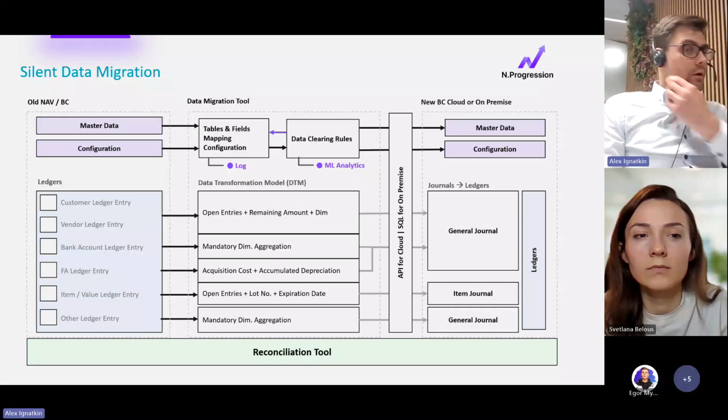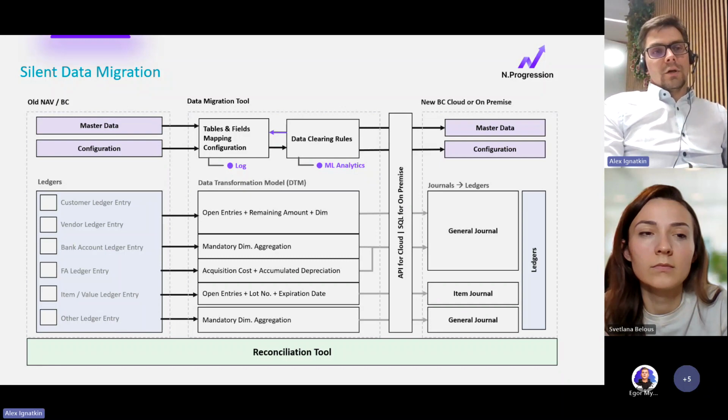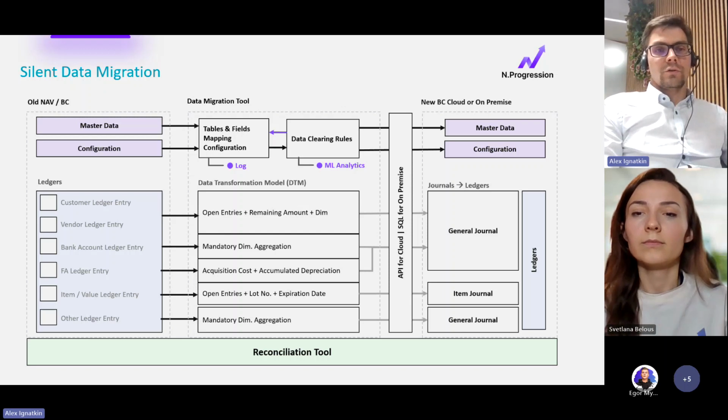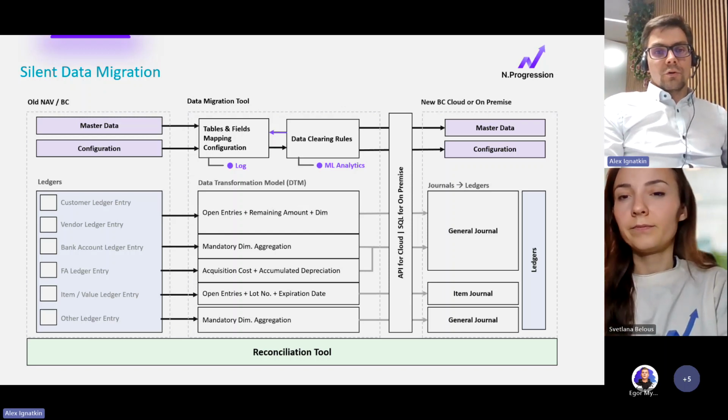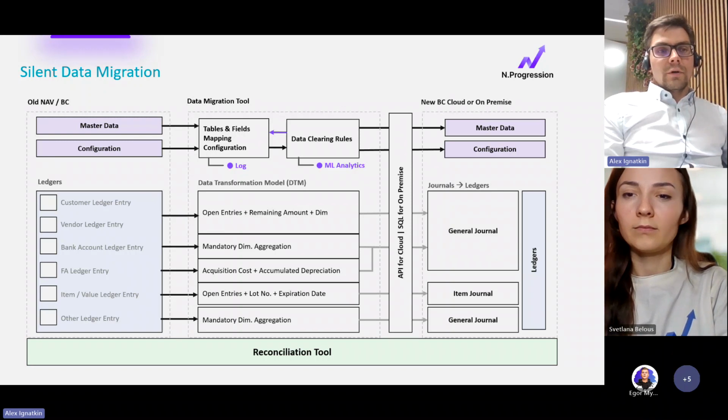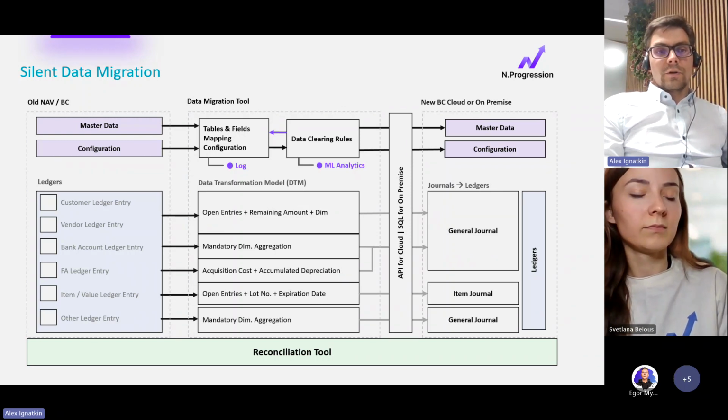So if you're talking about ledgers, here's a bit of a different situation, because we don't need to put master data in the same table. We just need to put it into some journal, some unposted entities in the system. And here we need to apply some business logic for data transformation.